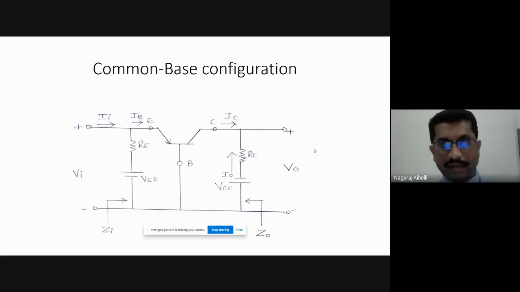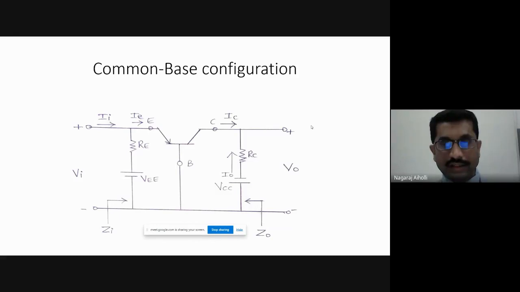Whenever there is a parallel combination, I give the example of 100 ohms parallel with 1 ohm. 100 into 1 ohm divided by 100 plus 1, so it will be 100 divided by 101. It will be almost equal to 1 ohm. That is, it is equal to the smaller value of the two resistors which are connected in parallel.